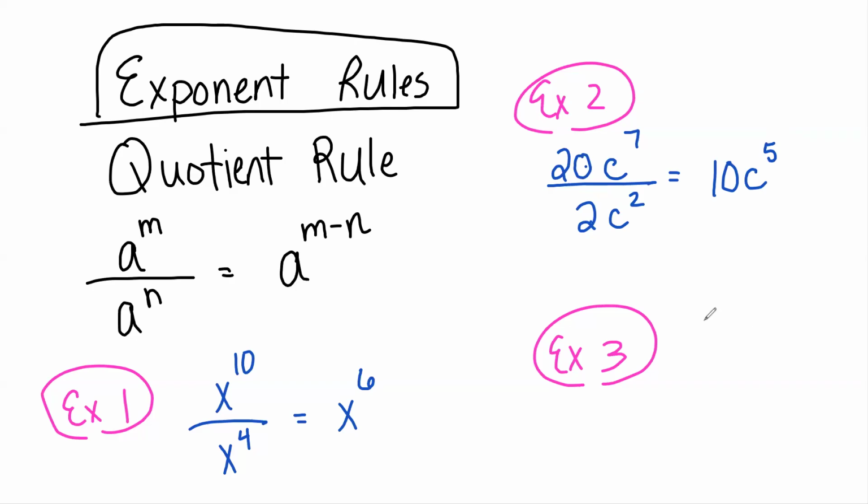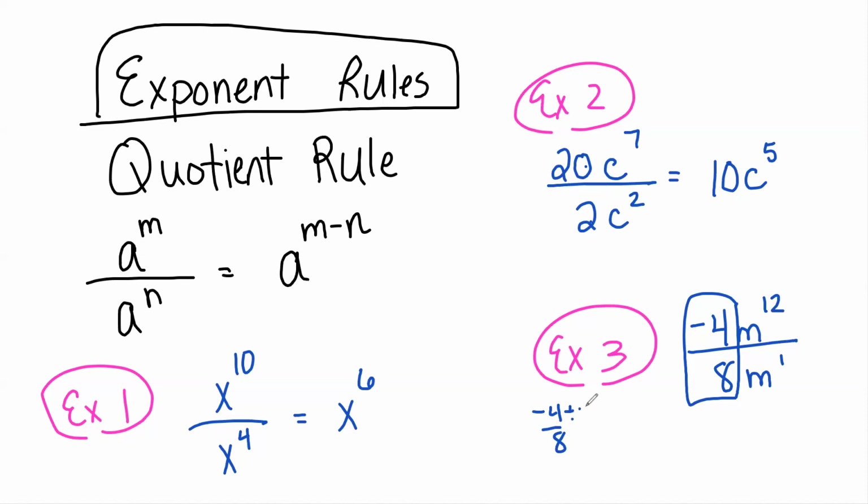All right, let's do negative 4m to the 12th over 8m. That's got a 1. Divide these numbers, but when you do negative 4 divided by 8, especially if you're using a calculator, that's going to give you a decimal. We don't want decimals typically. We're going to keep it a fraction. So negative 4/8, if you divide by 4 to reduce or simplify, would be negative half.